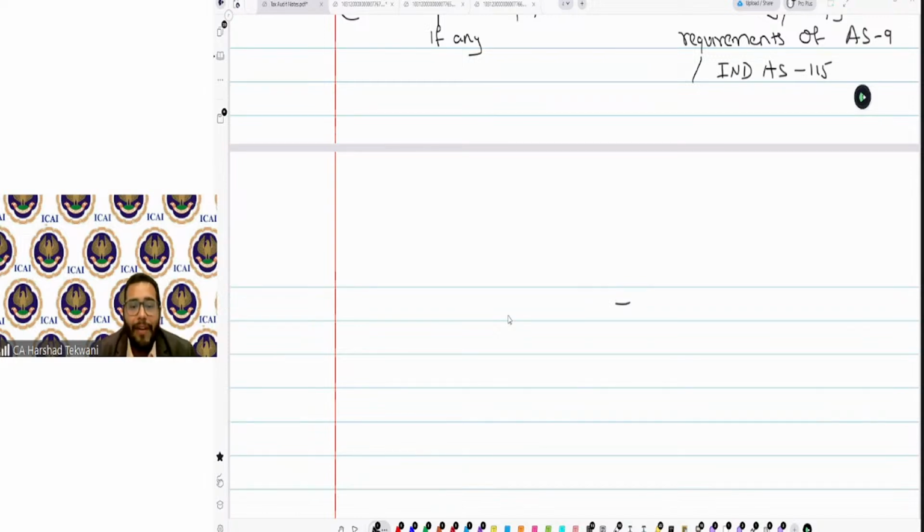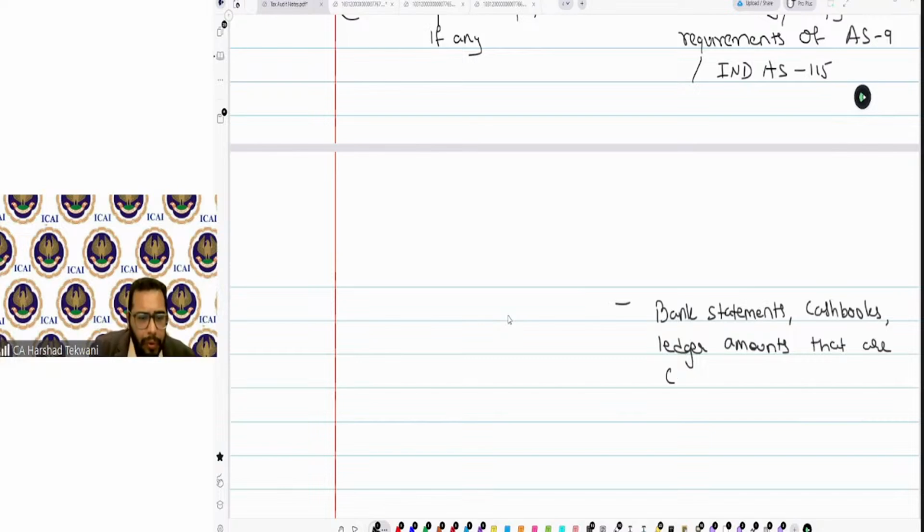I need to go and verify the bank statements, cash books, and any other ledger that is available, with respect to amounts credited in balance sheet ledgers being of capital nature.